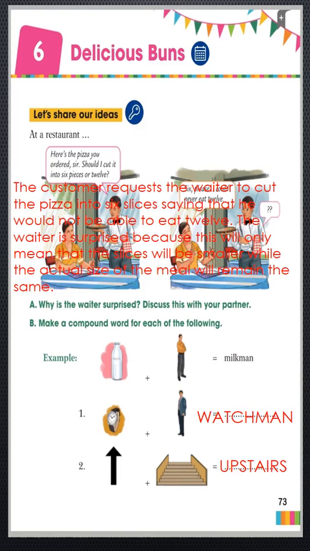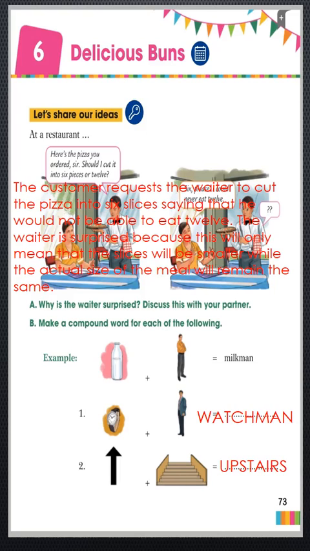This type of word is called a compound word, which is made of two words. Like the second one, you can see there is a watch, and again man. So what is the new word? That is watchman, who secures or takes care of the safety of the colony or society. Guarding. So that is watchman.